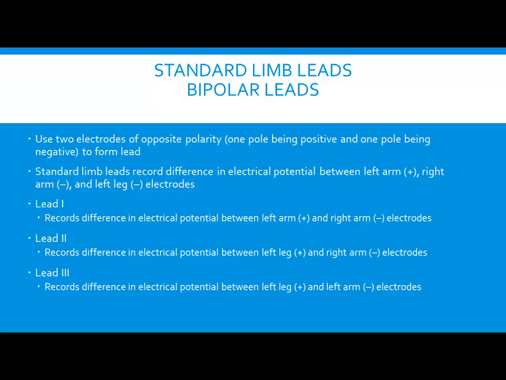Lead 2 is going to be the most useful quick look lead because your reference is going to be positive left leg, negative right arm. You think about the anatomy of the heart, the SA node, AV node, and all that. Your point of reference, your reference line, where you're getting your picture from, is going to follow along that track.